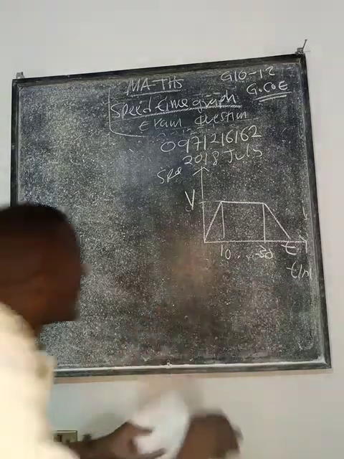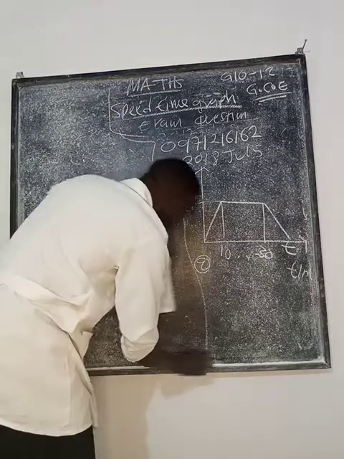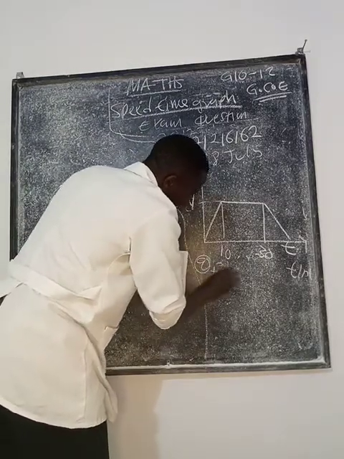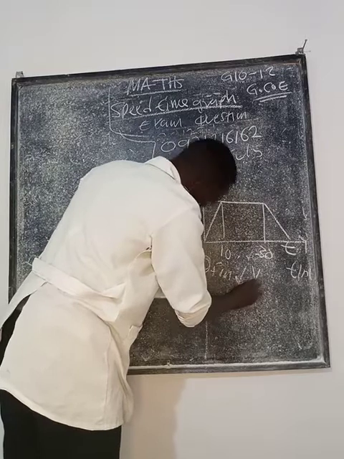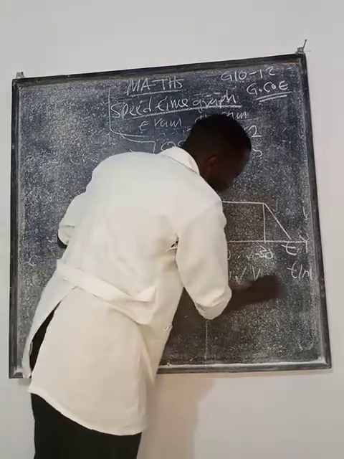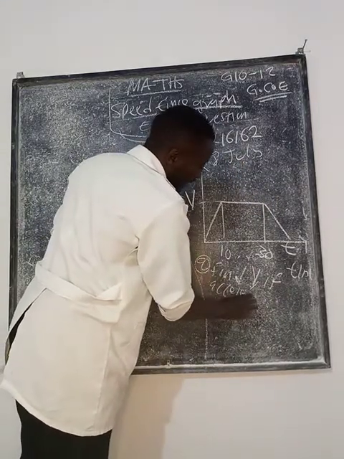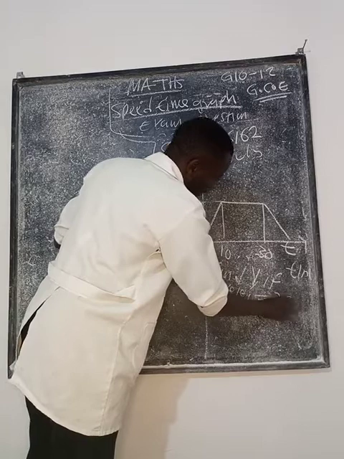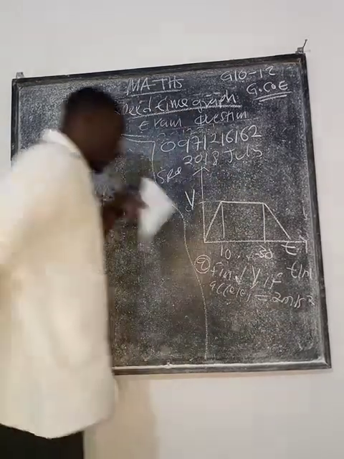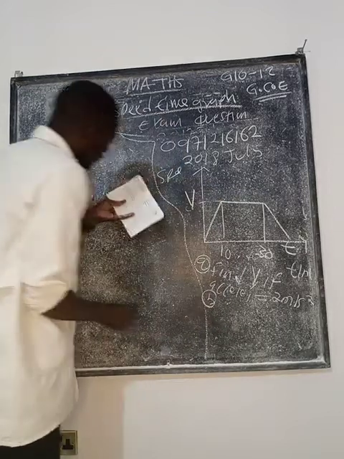Question A, they are saying find the speed V if the acceleration is equal to 2 meters per second squared in the first 10 seconds. Try that, then check what you do.